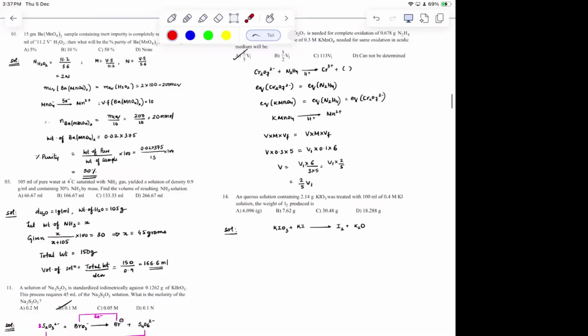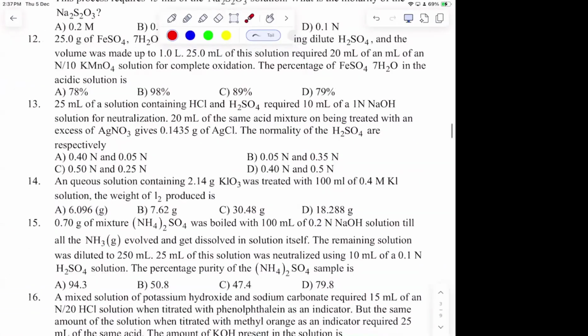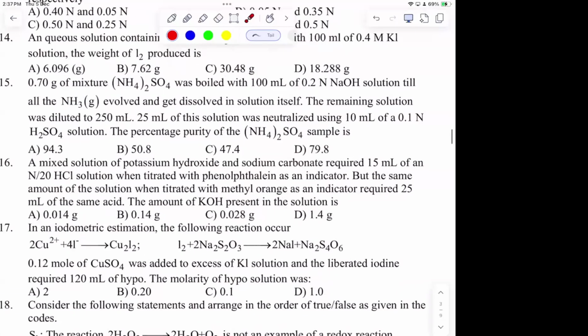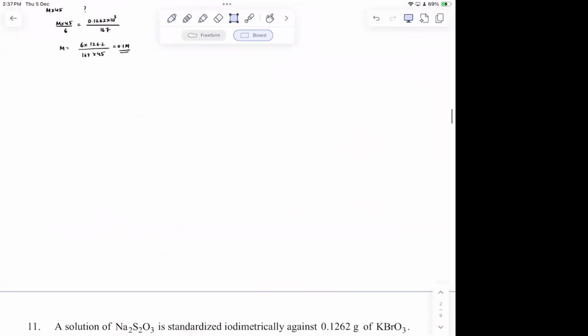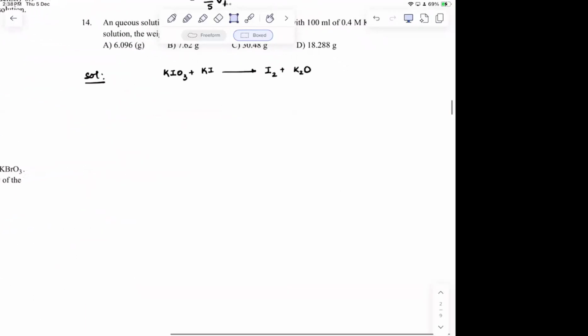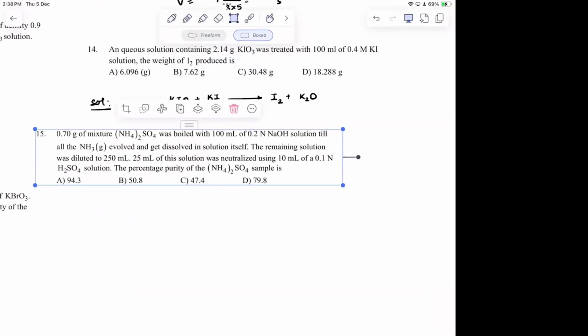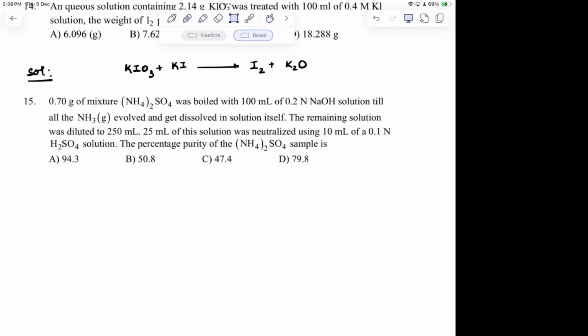Let's check out the 15th one. Yeah, this was important, guys. Please check out back titration. One important question from back titration is Kjeldahl's, how it works in Kjeldahl's method. Kjeldahl's method is about extracting nitrogen in the form of ammonia from an organic compound.